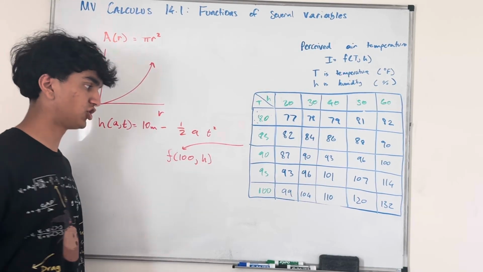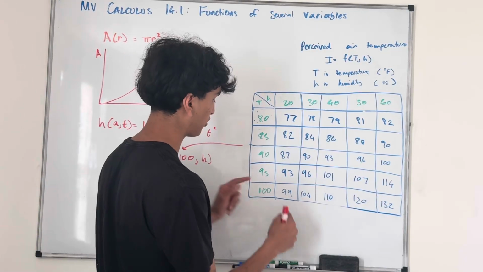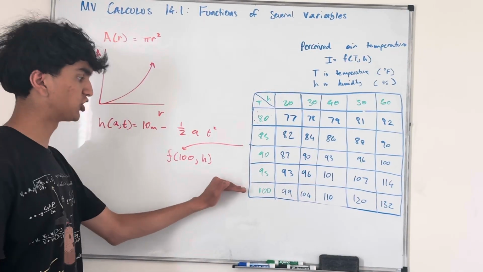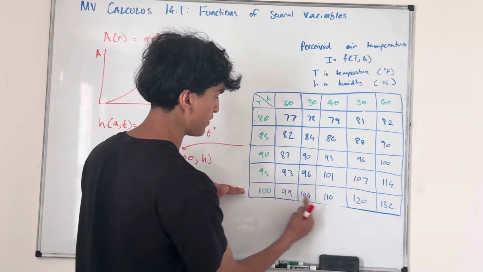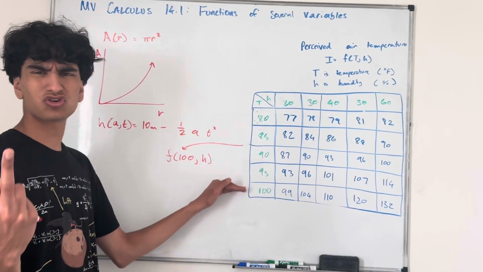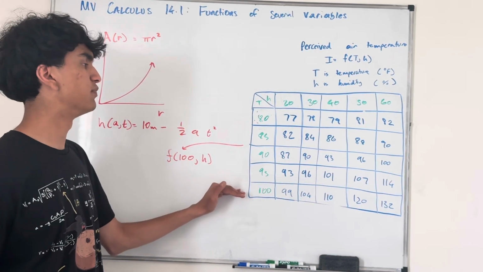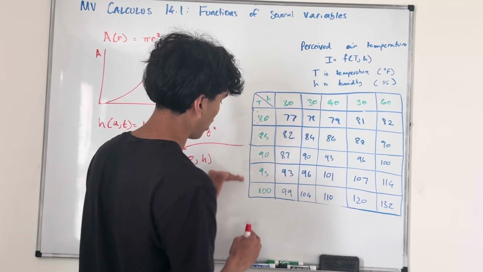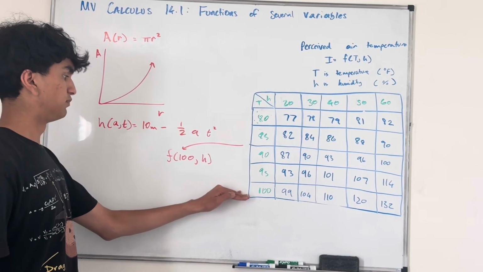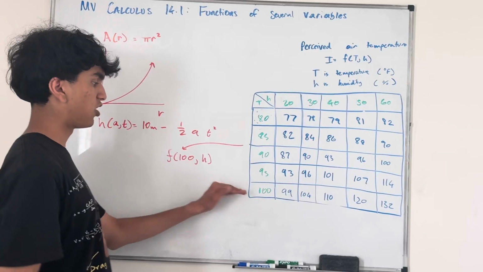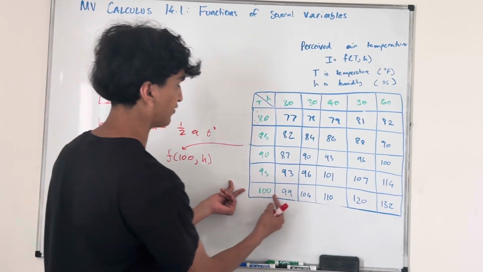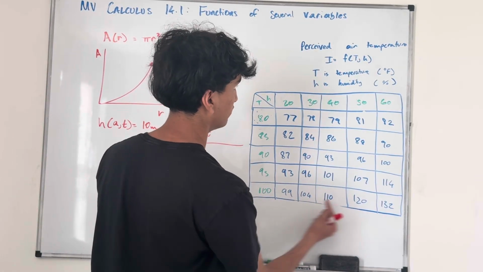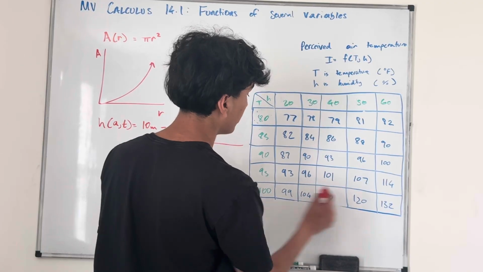How does the humidity change? So now when my temperature is for sure 100, you get a single variable function, f of 100, h, where 100 is the temperature, and these are the possible perceived air temperatures depending on the humidity.